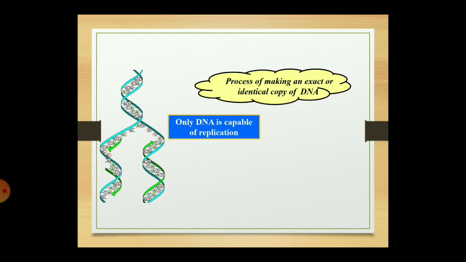If you want to synthesize DNA, which enzyme is required? Simple, we require DNA dependent DNA polymerase. If you want to synthesize RNA, DNA dependent RNA polymerase enzyme is required.